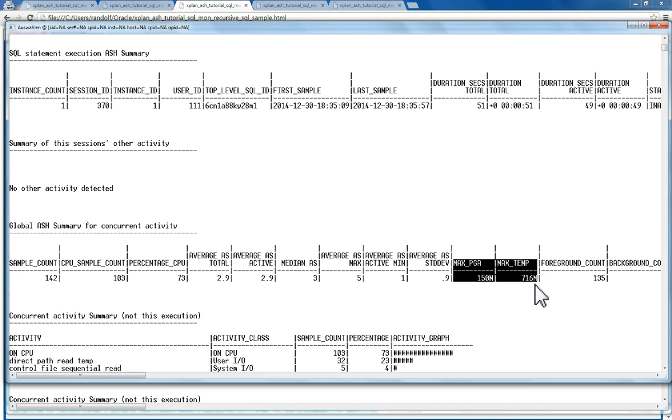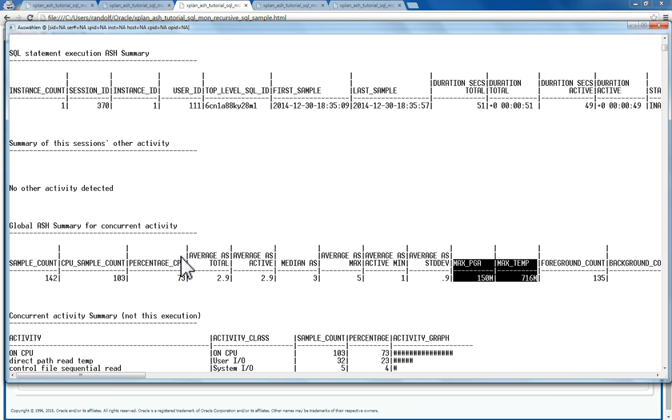You can see from these concurrent activity sections how many resources were in use by other activity during the time this main SQL execution that gets analyzed was active. Therefore I think this part can be quite handy.